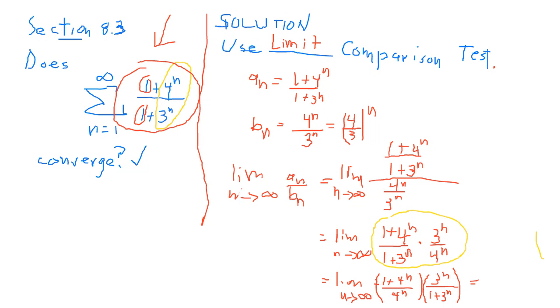All right, well, let me ask you then, as n goes to infinity, what does this 1 plus 4 to the n over 4 to the n go to? What does that approach? That first term there goes to 1.